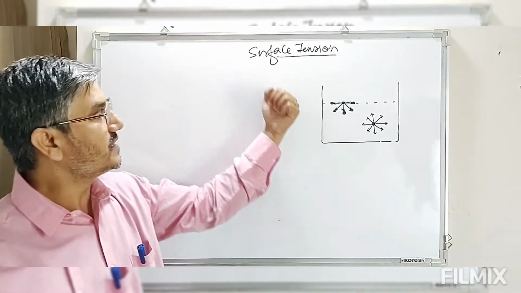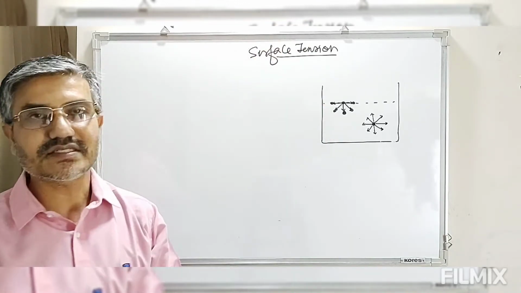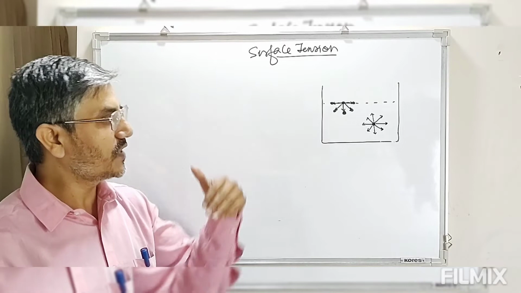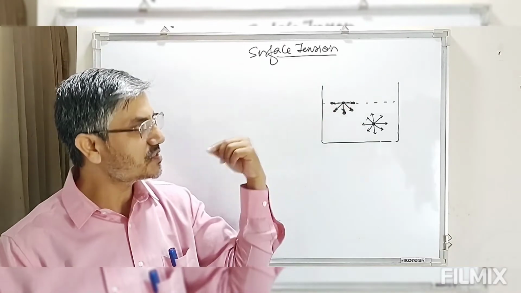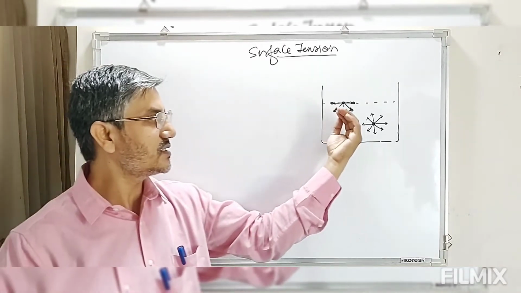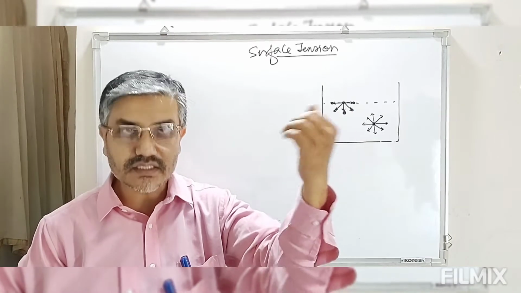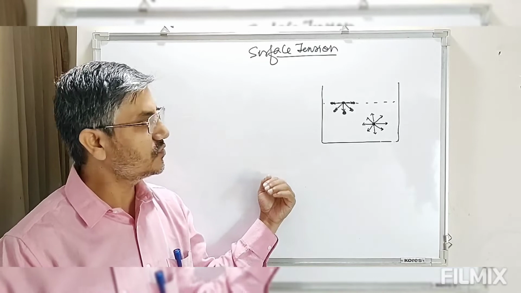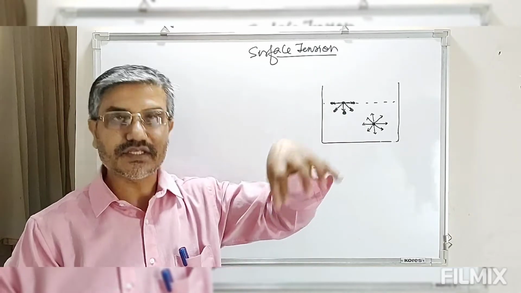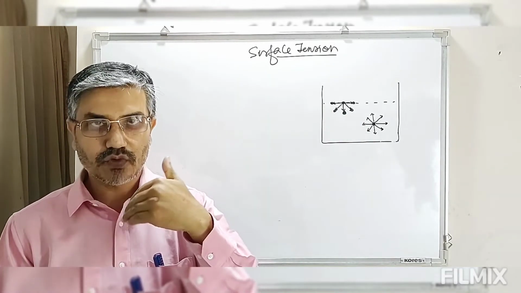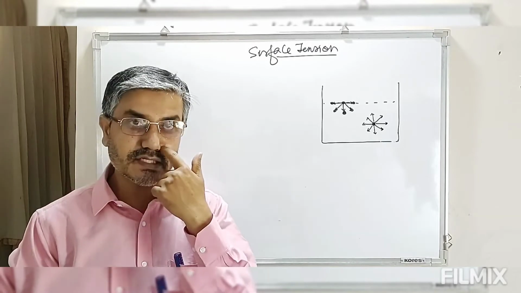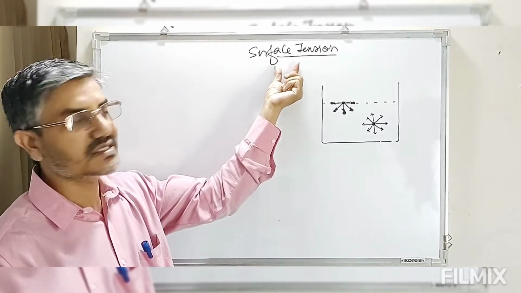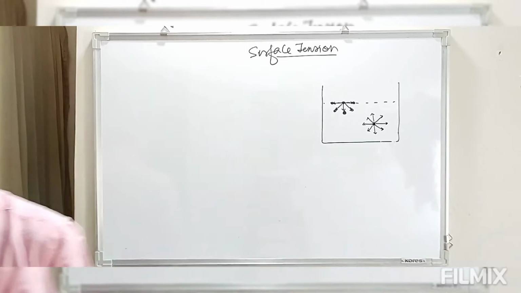So this is what we call surface tension. The molecules at the surface experience a net downward force, and because of this they try to assume a shape having minimum surface area, and this is the cause of surface tension.